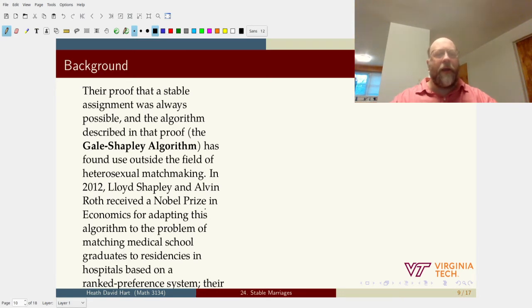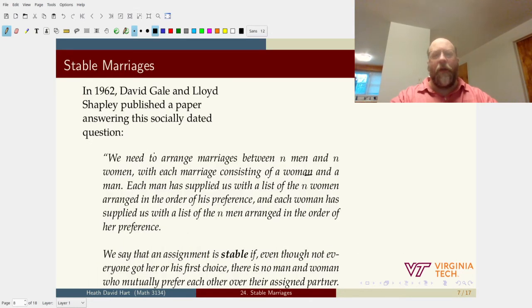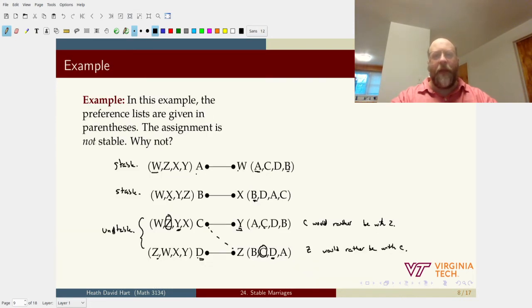So I don't know why I've got this in such a narrow column and it got cut off, but anyway, Gale and Shapley proved in 1962 that a stable assignment was always possible. But their assumptions were that the number of men and the number of women were identical, so that they were only looking at sets that had the same cardinality.